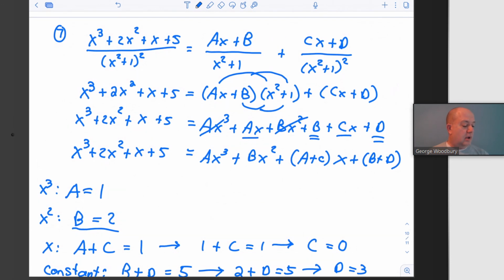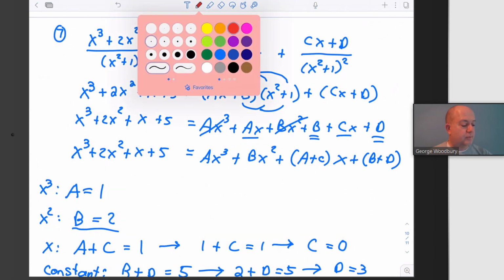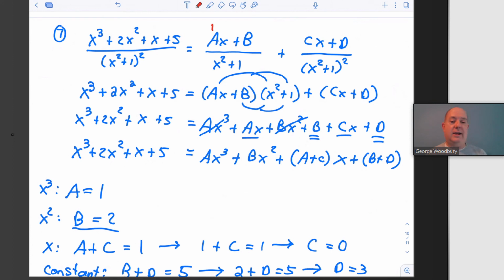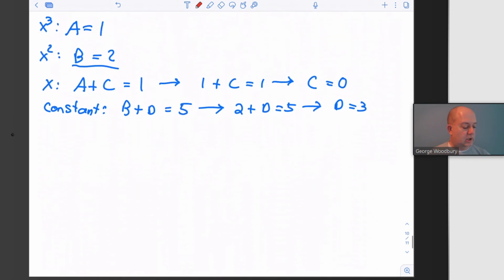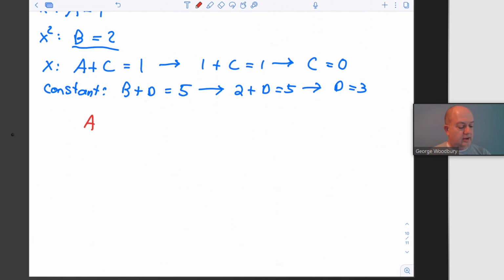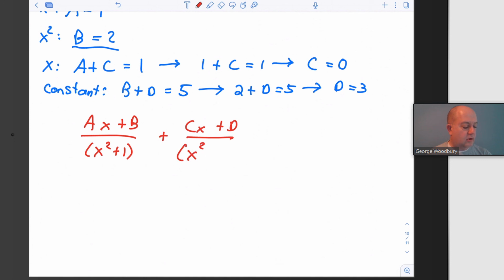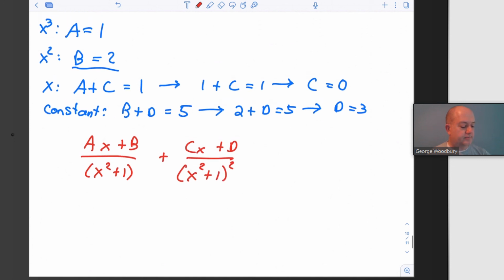So I can put in 1 for a, 2 for b, 0 for c, and 3 for d. So again, this was ax plus b over x squared plus 1 plus cx plus d over x squared plus 1 squared.